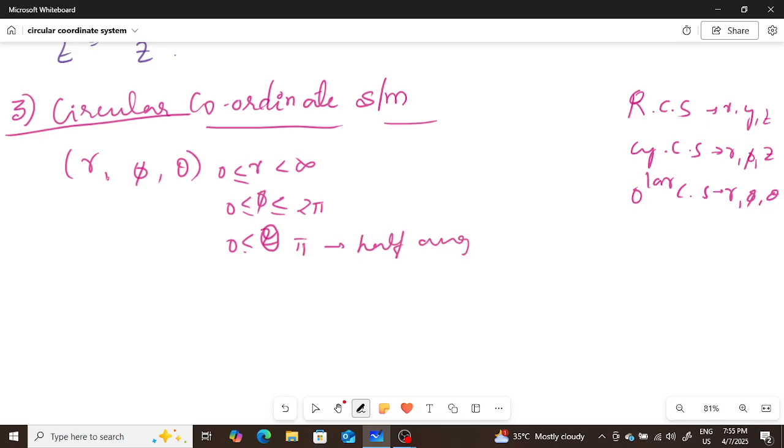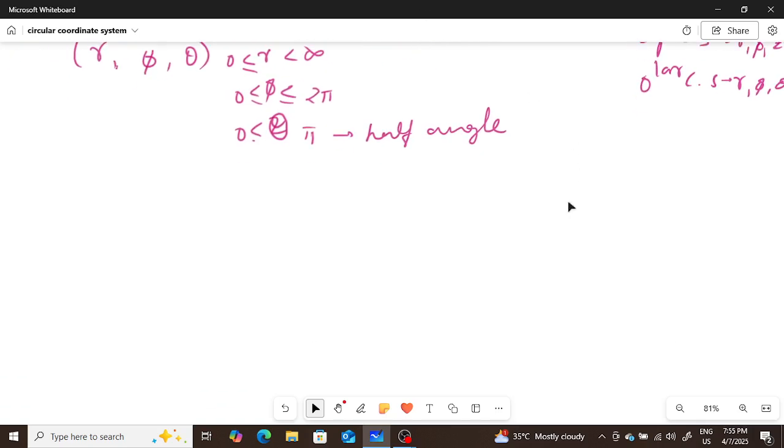Phi is the azimuth angle. If you want me to draw this I will, but it is going to be confusing, so better try to remember: r, phi, theta are the three coordinate points in the circular coordinate system. R ranges from 0 to infinity, phi ranges from 0 to 2 pi, theta ranges from 0 to pi.